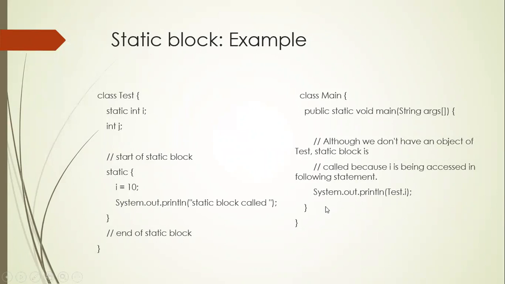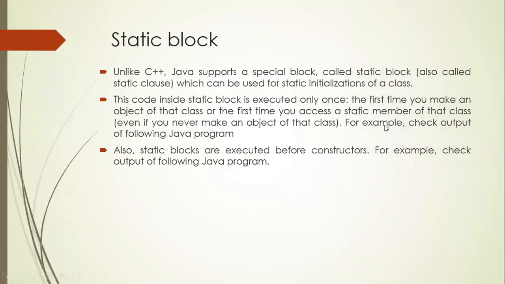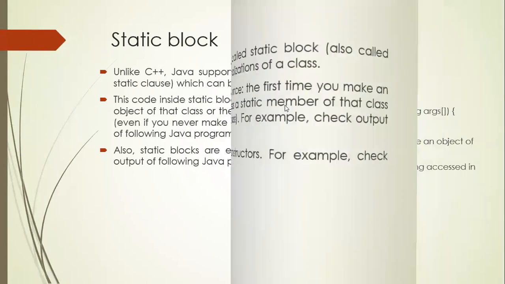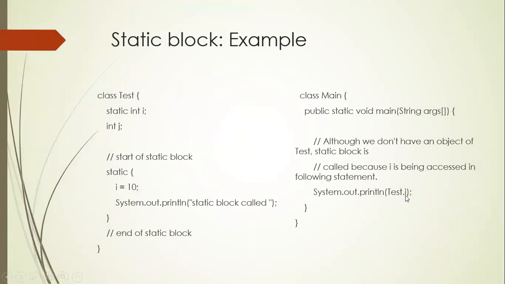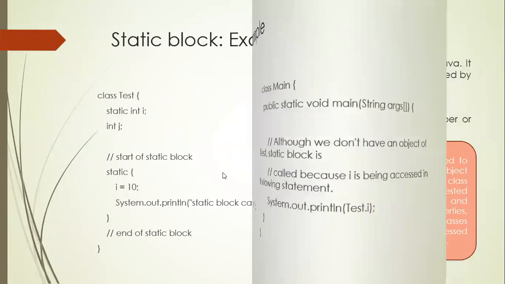Once again, I'm repeating: the first time you access the static member of that particular class, the static block is executed. So you see here, I am calling Test.i. Test.i is a static member, so whenever I use Test.i, this static block will be called.